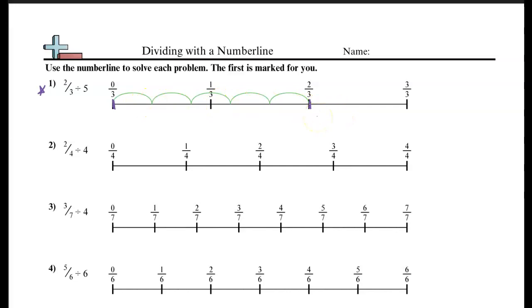But be careful looking at it that way because although that is what's happening, we took 0 to 2/3 and we cut it into 5 pieces, you might ask yourself, well, how big is this piece then? We don't know that. That answer is not immediately obvious to us. So in order to do this, we're going to have to do some more cuts on our number line.